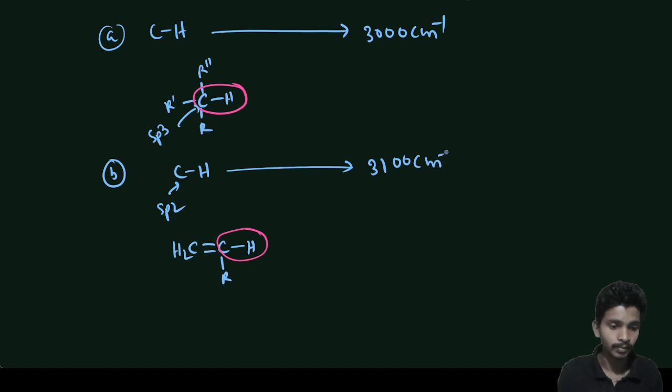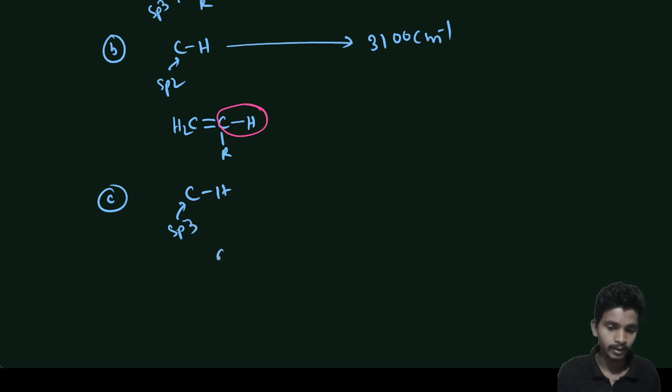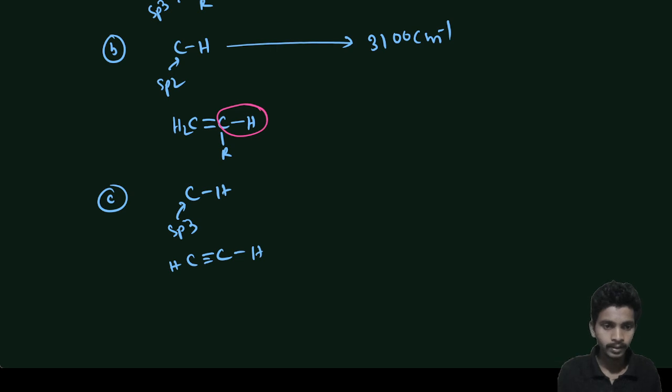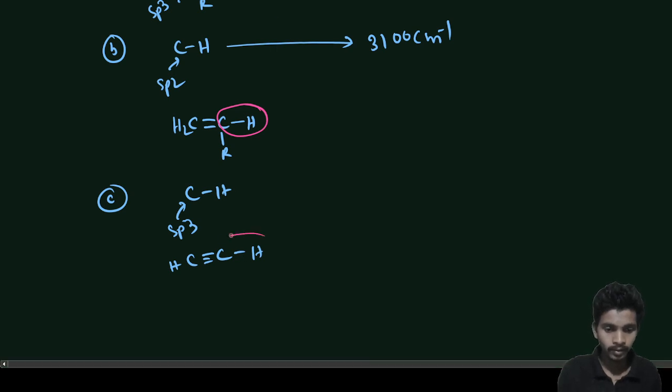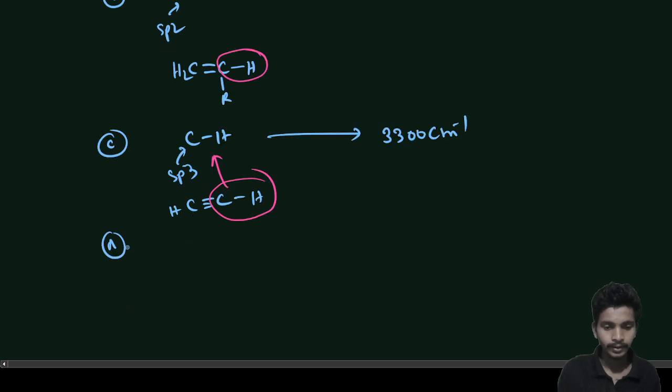Its value will be 3100 centimeter inverse. Okay, and similarly if I talk about CH, and that is, let's say like this type of bonds, then the CH stretching frequency of these bonds will be something about 3300 centimeter inverse. Okay, and if it is an aldehyde group, CH is also present.